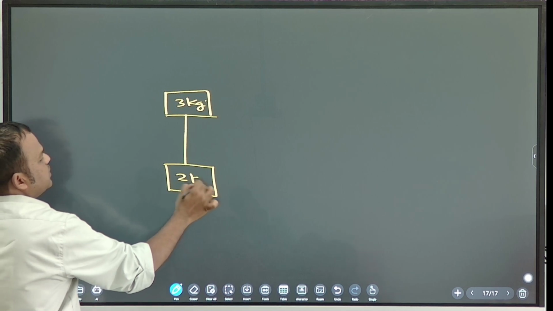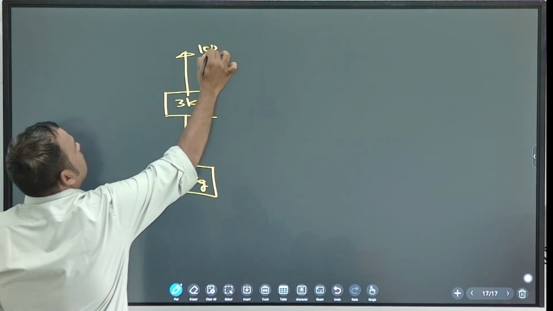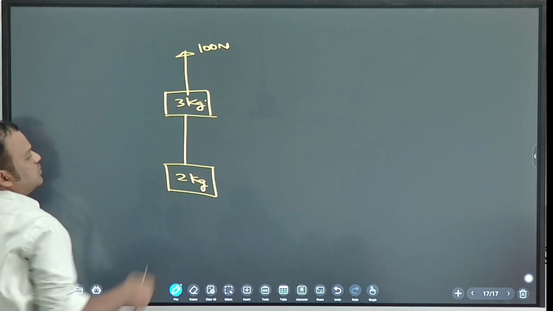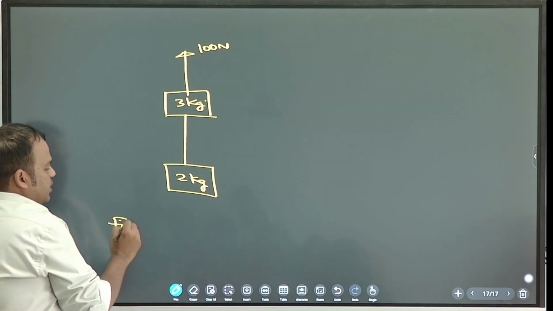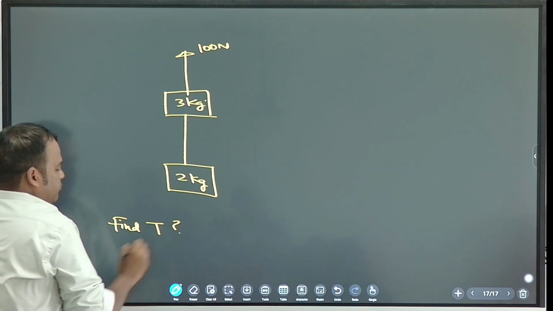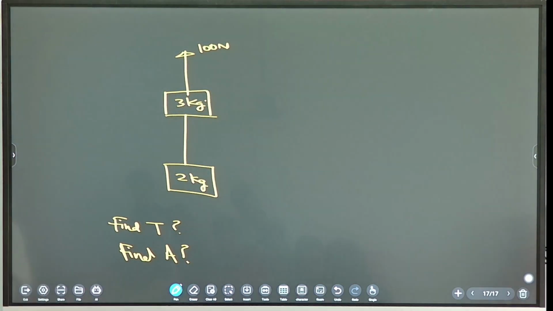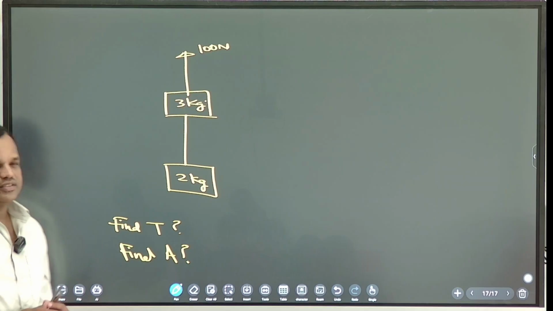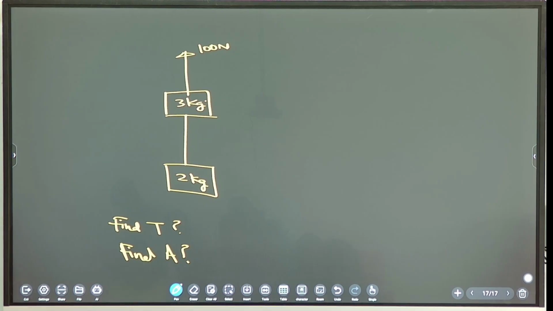This is a 2 kg block, and 100 Newton is the external force acting. Find tension and acceleration. So how many blocks? 2 blocks. Okay, solve. After this, I will give 3 blocks. First you answer using the direct formula.